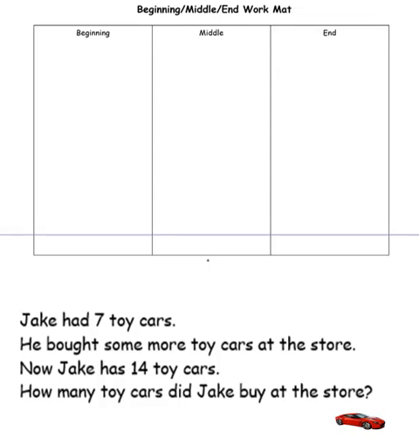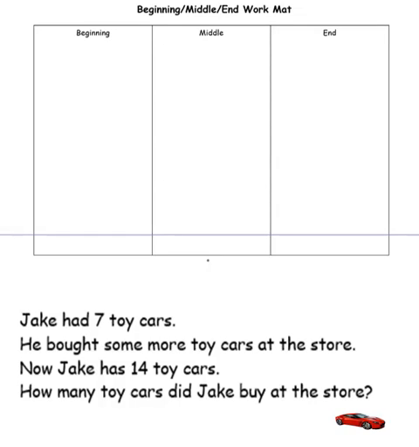We know he already had 7 toy cars, and we know he went to the store to buy some more. Do we know how many more he bought? No, we don't. Now Jake has 14 toy cars. How many toy cars did Jake buy at the store?